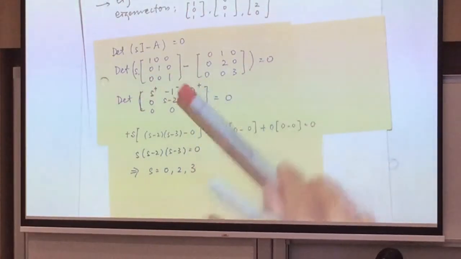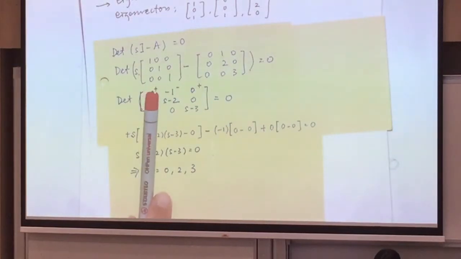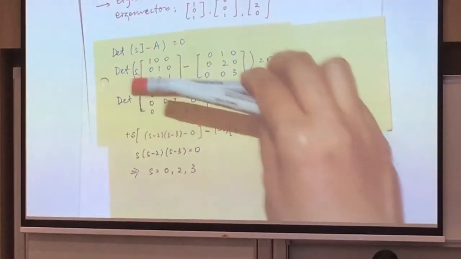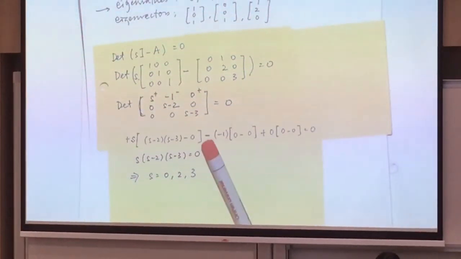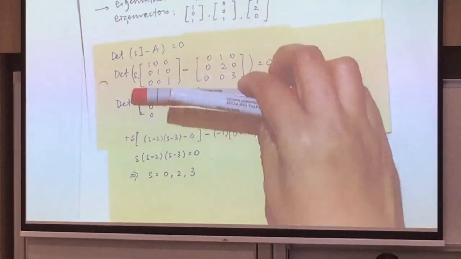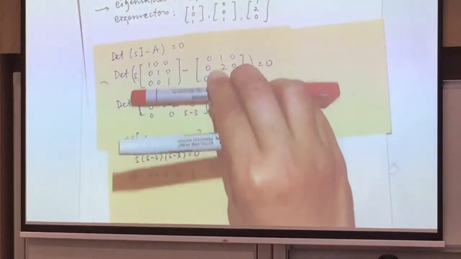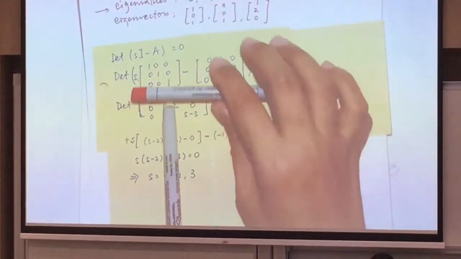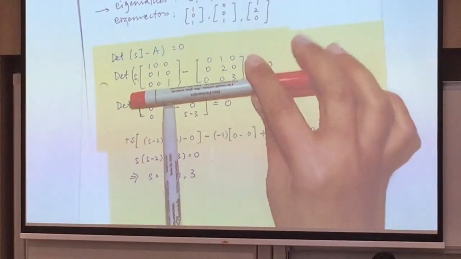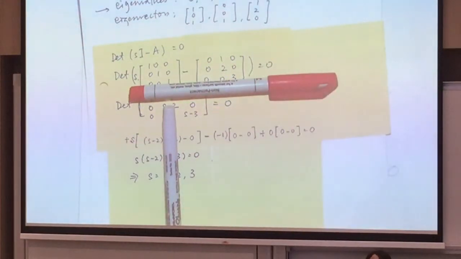Then we move on to the second column. Okay, minus 1. The second column you put in a minus sign, so minus of minus 1. Okay, and what you have left for the minor is 0, 0, 0 and s minus 3.